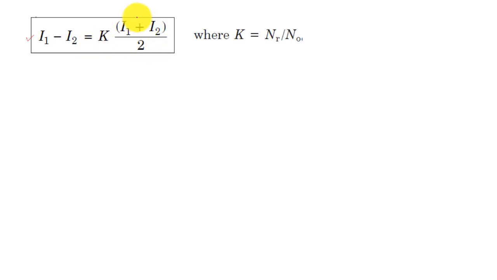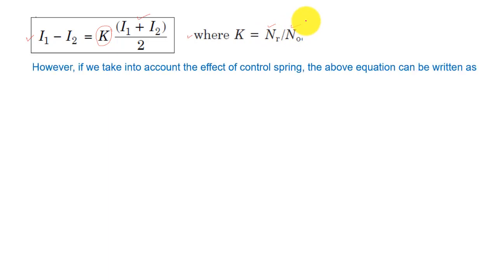This is your circulating current (I1 plus I2) by 2, and K is the slope, defined here as NR by NO. NR is the number of turns in the restraining coil, and NO is the number of turns in the operating coil.